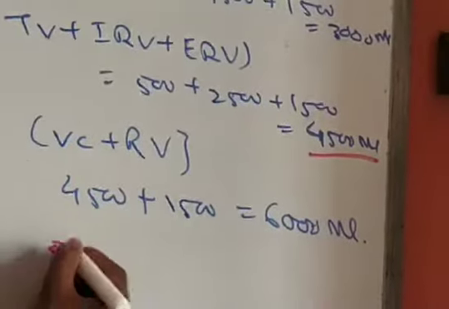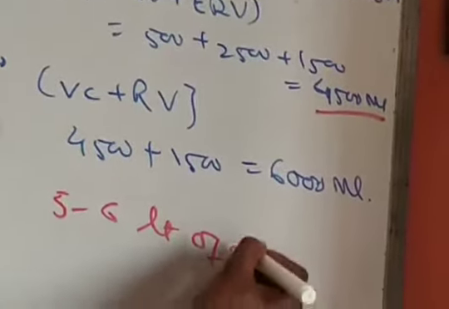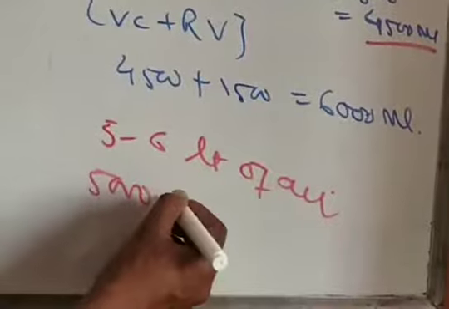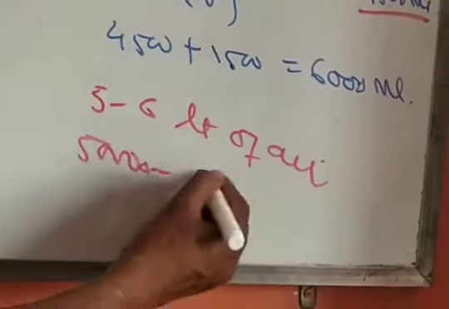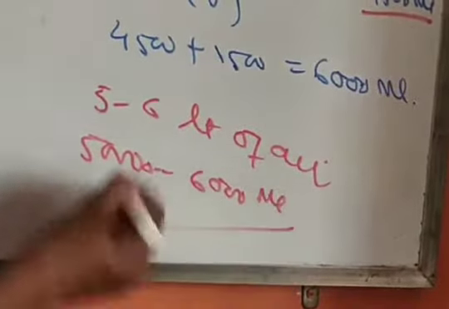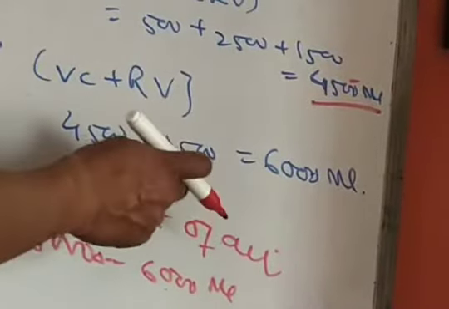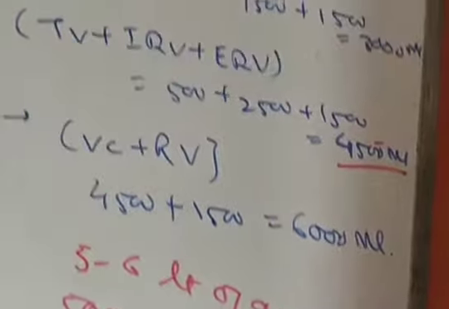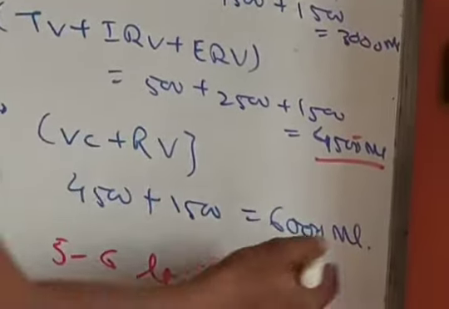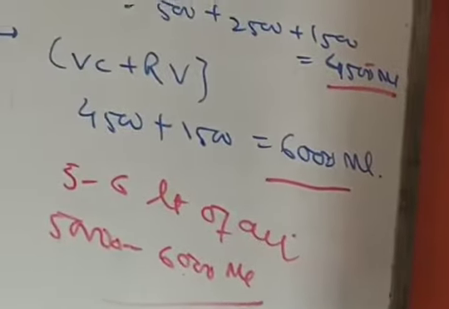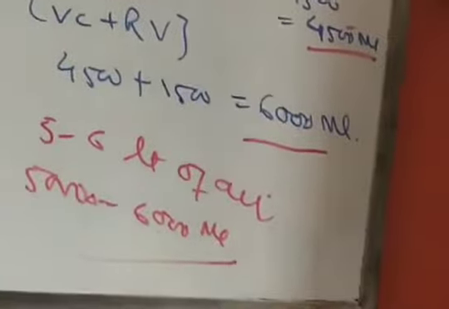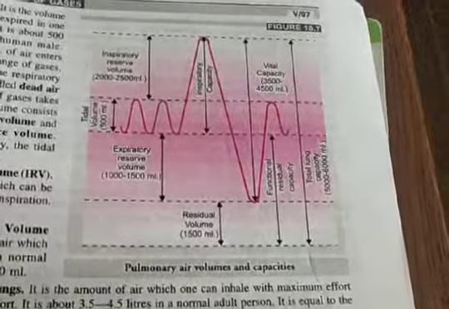The total lung capacity is 5 to 6 liters of air, or 5000 ml to 6000 ml. VC is 4500 ml, as we calculated here. Then RV, residual volume, is approximately 1100 to 1500 ml. So approximately 6000 ml of air is the capacity of the lungs, and hence it is called total lung capacity.